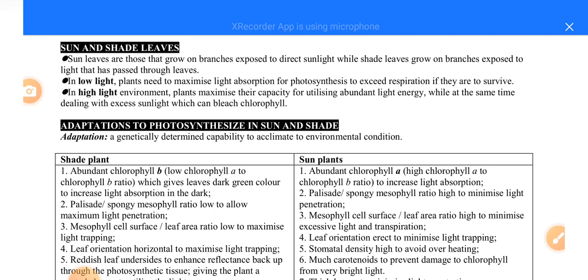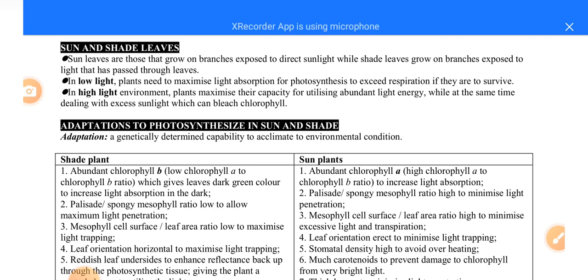Then when we continue, we are saying that in low light, plants need to maximize light absorption for photosynthesis to exceed respiration if they are to survive. We shall talk about that as we continue.